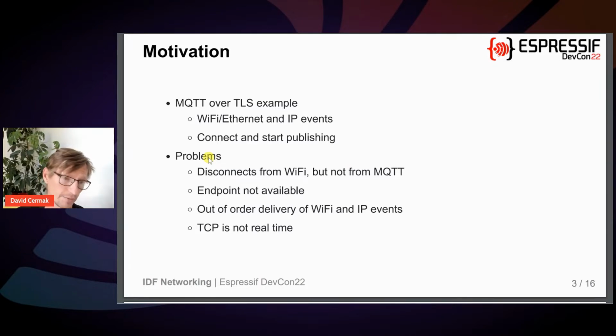We could even suffer from out-of-order delivery of different events from the Wi-Fi and IP layers. So we could get a disconnection from Wi-Fi and at the same time a connection to IP, getting a valid IP address. And that's due to the asynchronicity of the network, events and different layers.